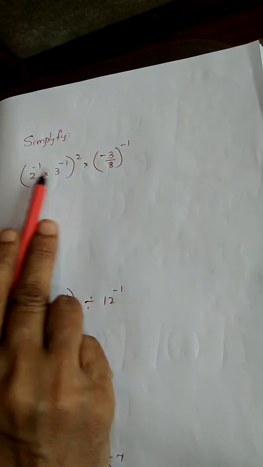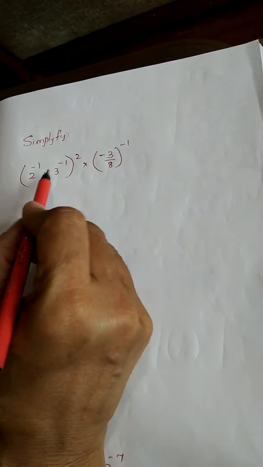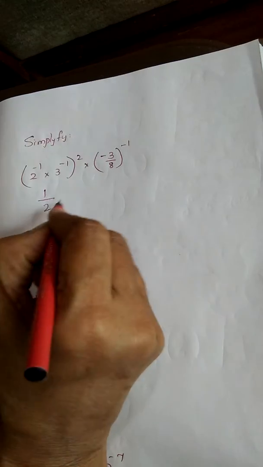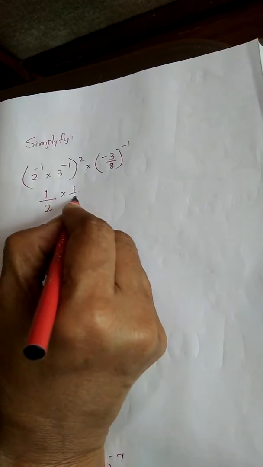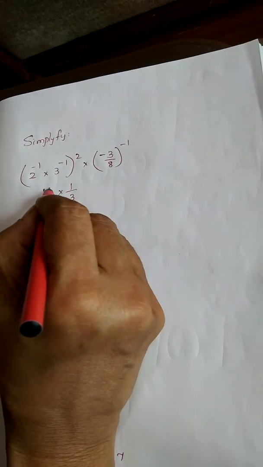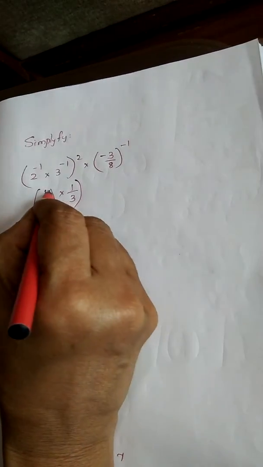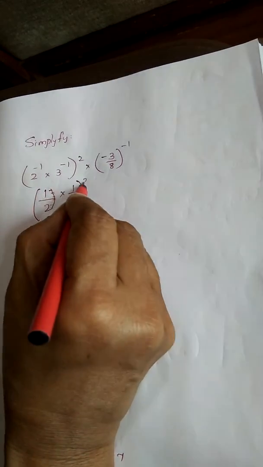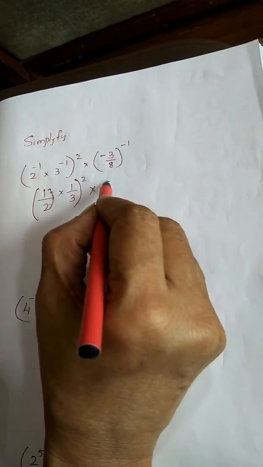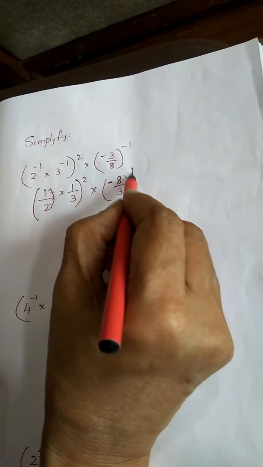Simplifying this, first we will convert the negative exponent into positive exponent. So 1 by 2 into 1 by 3, the whole squared. So we can write it as, okay, I'll write it like this, into minus 8 by 3 to the power of 1.